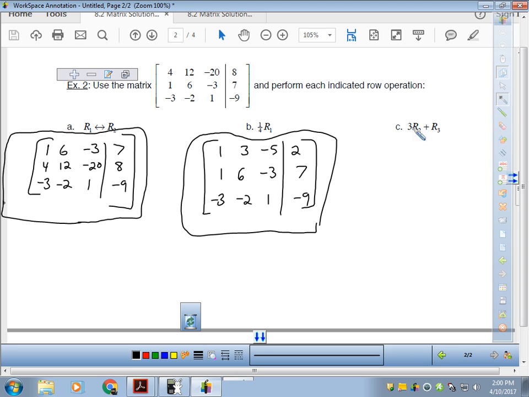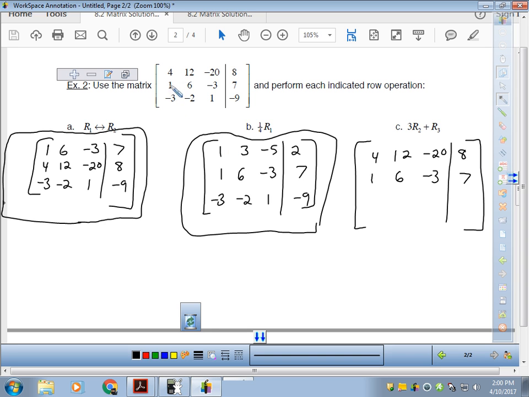Our last one asks us to do 3 times row 2 and add it into row 3. So 4, 12, negative 20, and 8. 1, 6, negative 3, and 7. And then we have to finish what this last row is.